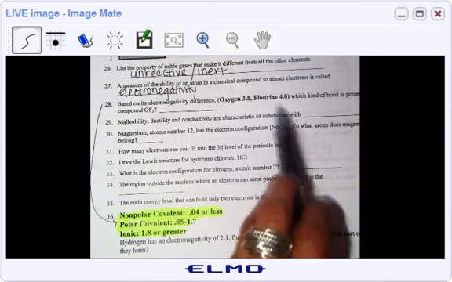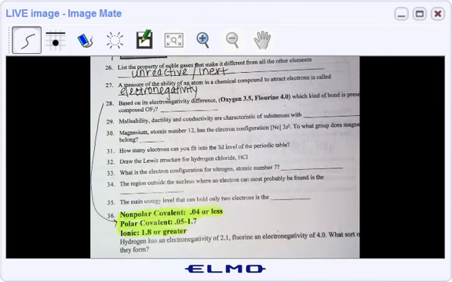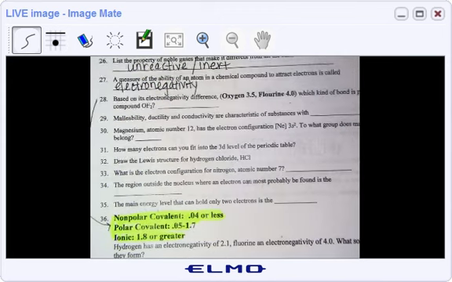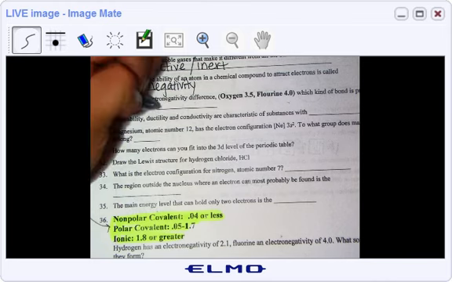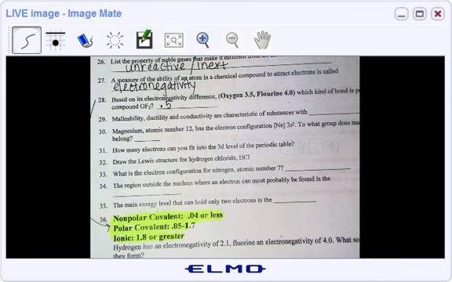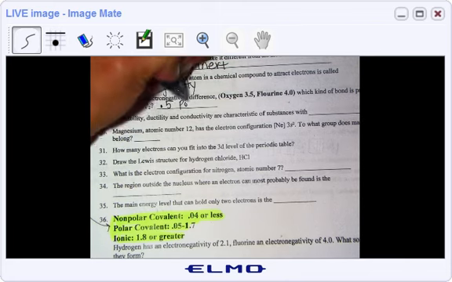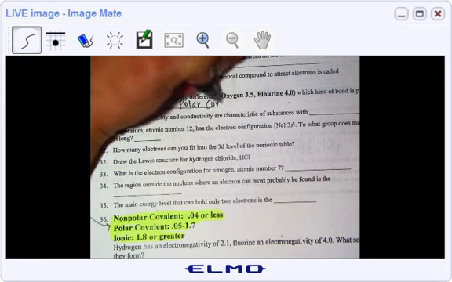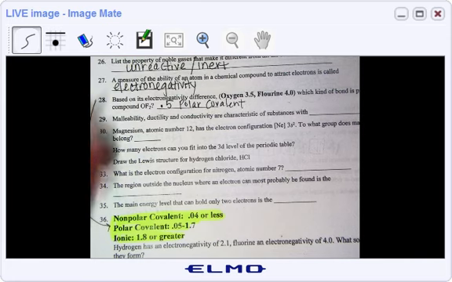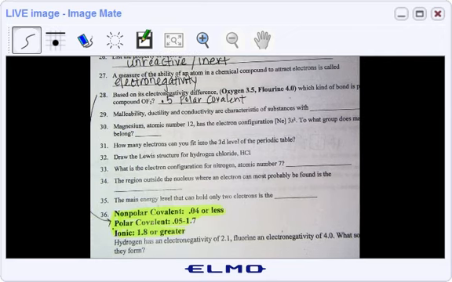So just do 4.0 minus 3.5. Oh, 28. Sorry. It's for number 28. So I got 0.5. So this type of bond is polar covalent. It's really easy. We're going to do another one, and you just use this chart, subtract. You're not going to get a negative number. If you do, then subtract the other way.